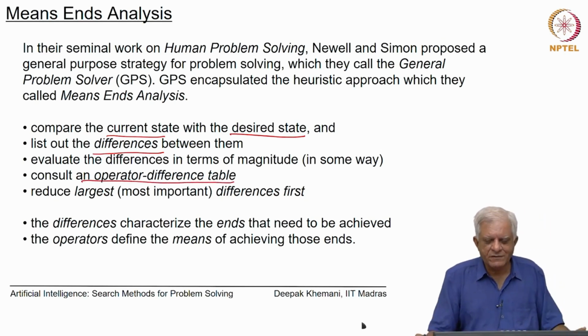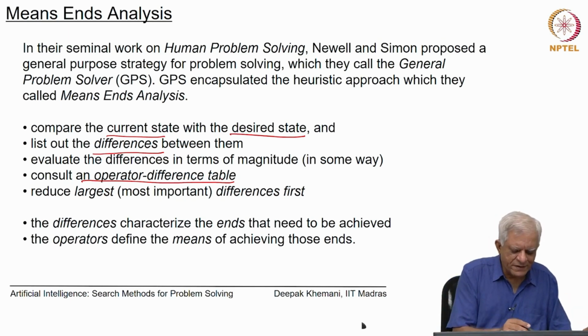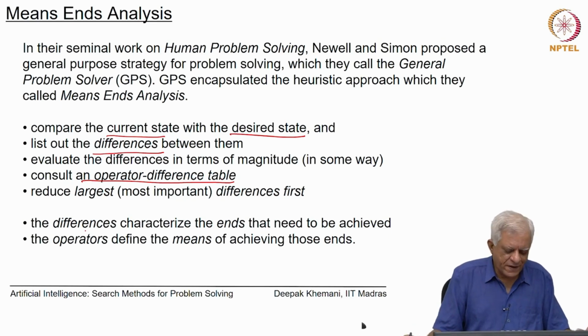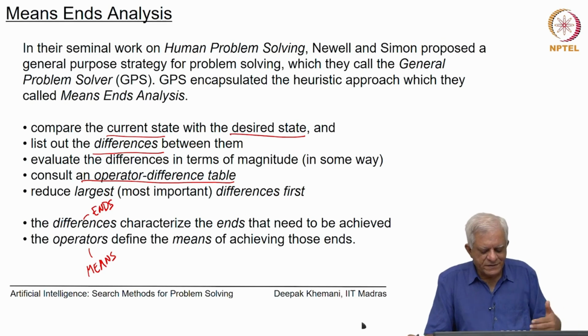So, you can see it has a backward flavor to this whole thing, and you are looking at this operator differences table. The operators are the means and the differences are the ends, and that is why its strategy was called means ends analysis, that you analyze this and form a solution.